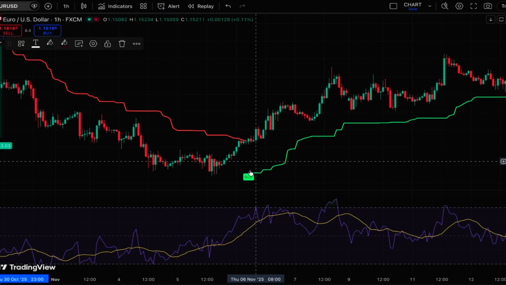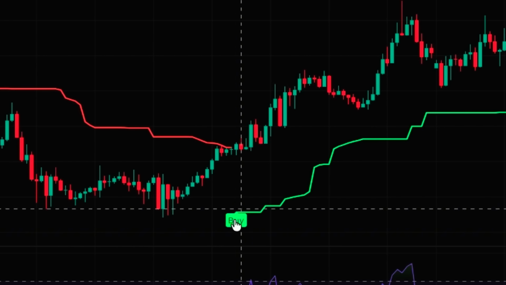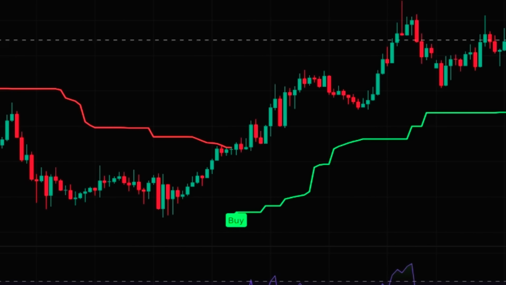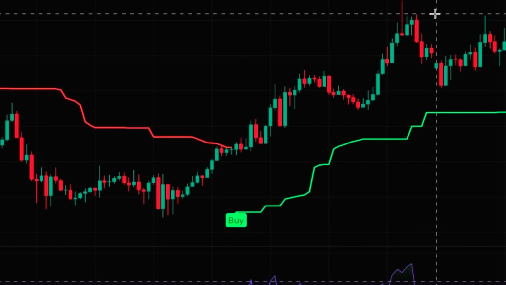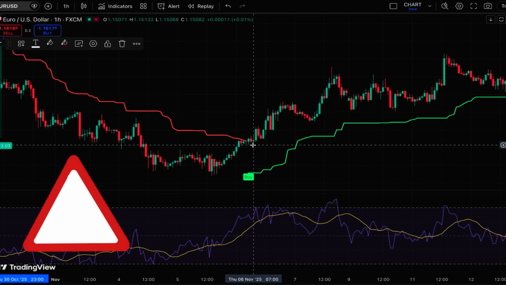In this part of the chart, you can see that here the super trend changed to green and we have a buy signal. This is a signal that probably the prior downtrend ended and an uptrend is starting in the market. But as I said, we don't trade only based on this. We need more confirmation to increase the probability.